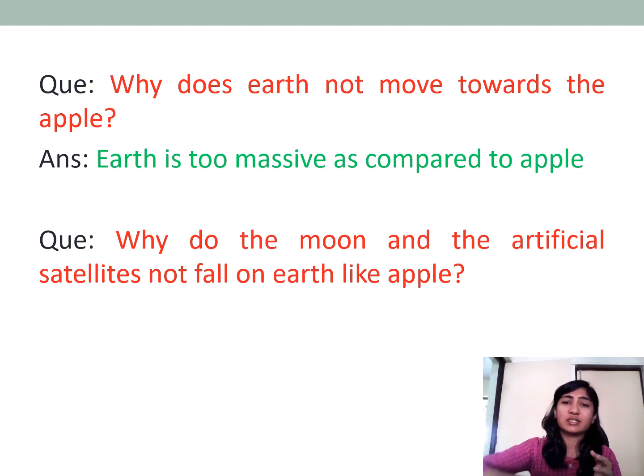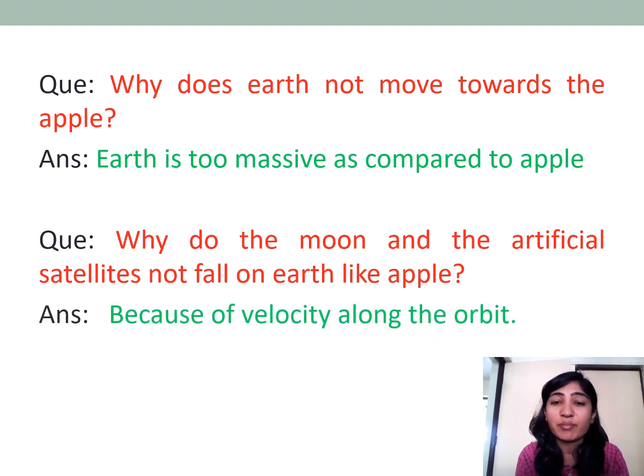So why does the moon, or any artificial satellite, not fall on the earth? The answer is because of their velocity along the orbit. As they have velocity, they do not fall, they move along the orbit.